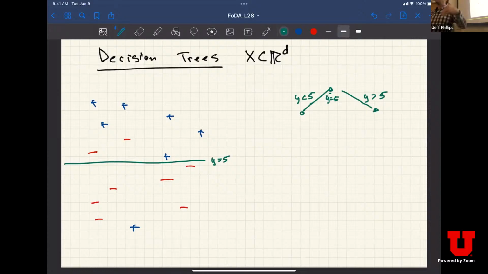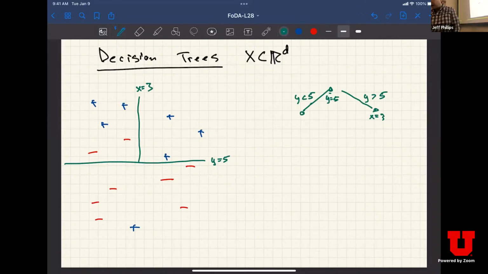Then I'm going to do this recursively. I'm going to split again here on the top, where y is greater than 5. Let's say this is x equals 3. Typically you switch between the coordinates.